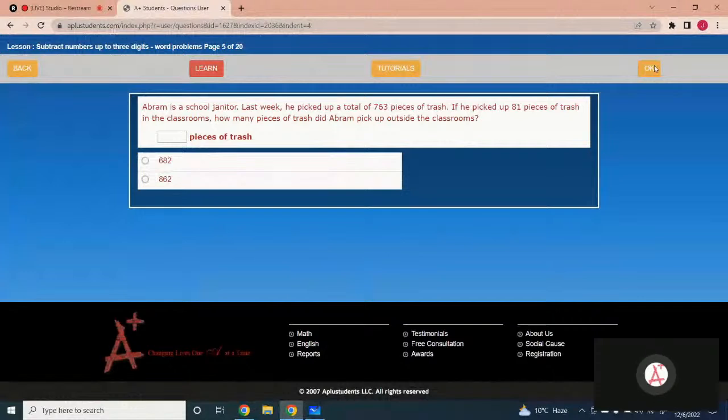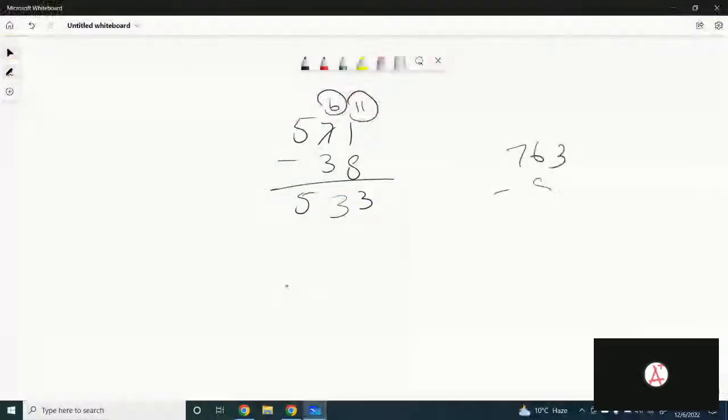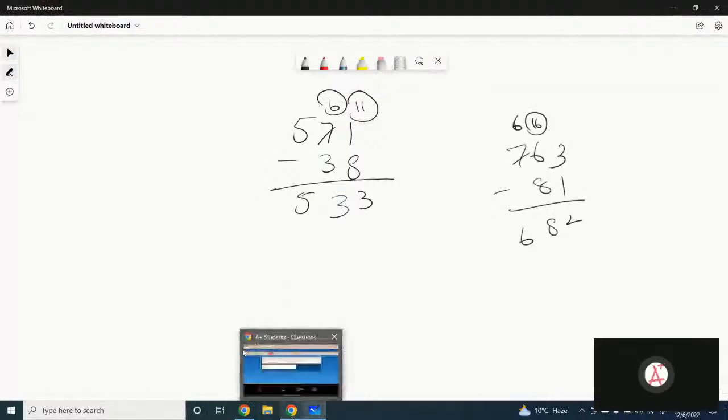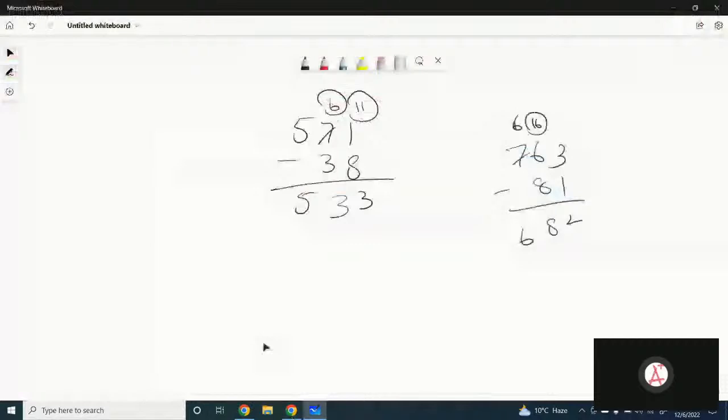So it would be 3 subtract 1 is 2. You have to borrow 1, so it would be 6 here, and it would be 16. 16 subtract 8 is 8, and 6, so it would be 682. Got it? So just select the correct option and click on the OK button. Got it?